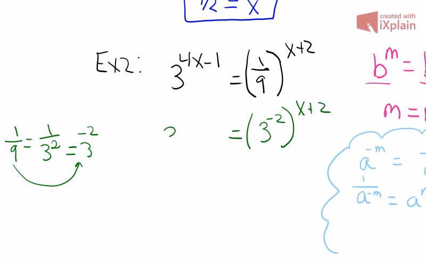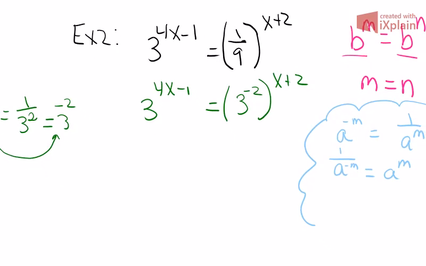Bring the rest of my equation down. Now I've got almost common bases. I want to work with this exponent, distribute that on the right. Make sure you distribute to both terms. Now I've got common bases.